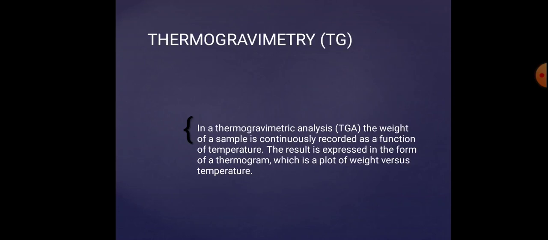Now thermogravimetry analysis is related to the temperature effect on the weight of a substance. When the change in weight with respect to temperature is observed and analyzed, and then put on a page in the form of a graph, that graph is counted as the thermogram.